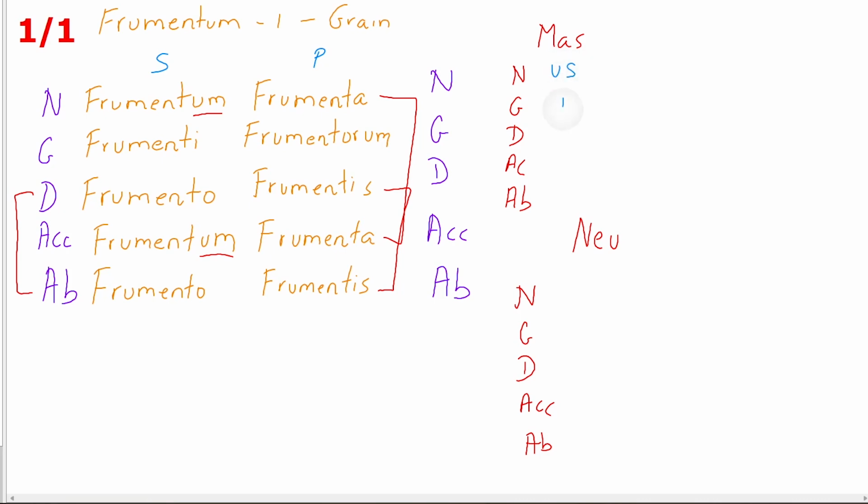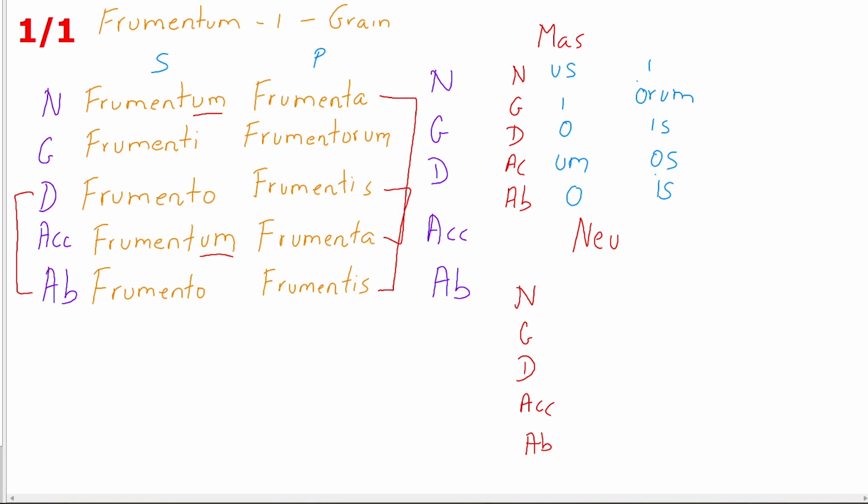Genitive singular was i. Dative singular was o. Accusative singular was um. Ablative singular o. Plural, nominative plural would be i. Genitive plural orum. Dative plural is. Accusative plural os. Ablative plural is.